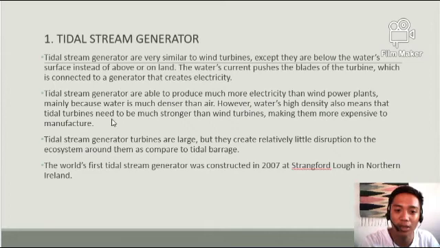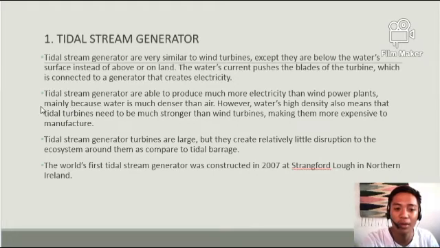So tidal stream generators are able to produce much more electricity than wind power plants, mainly because water is much denser than air. However, water's high density also means that tidal turbines need to be much stronger than wind turbines, making them more expensive to manufacture. So yan nga, mas maganda to, mas effective, it is producing more electricity than wind power plants, because sabi nga, the water is much denser than air.